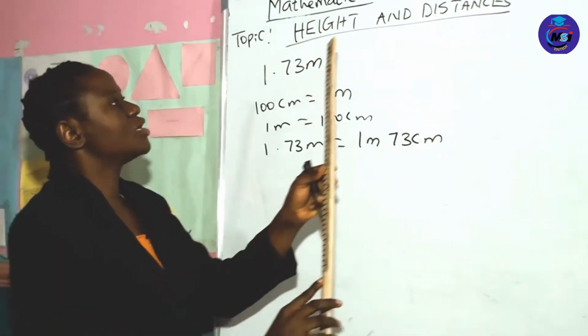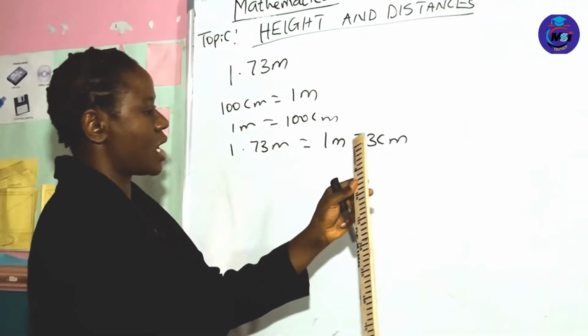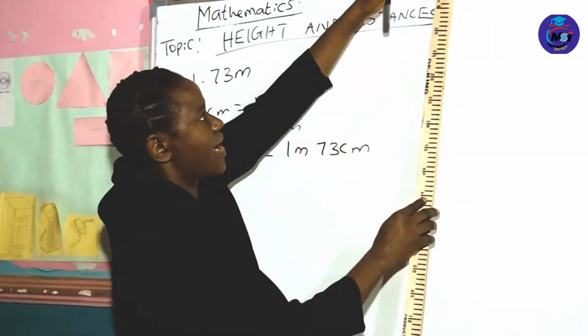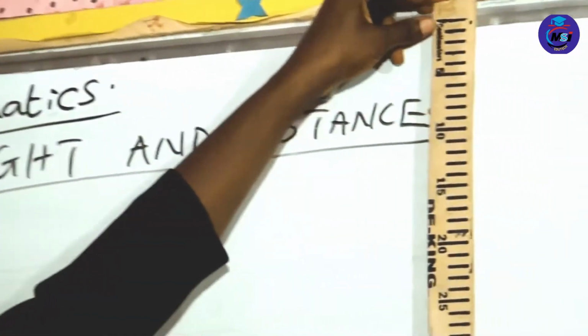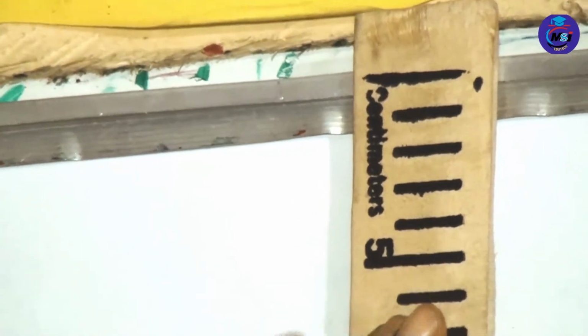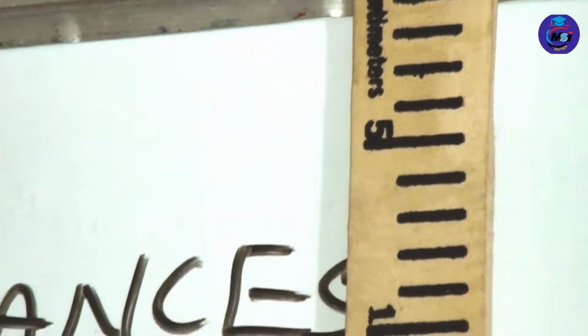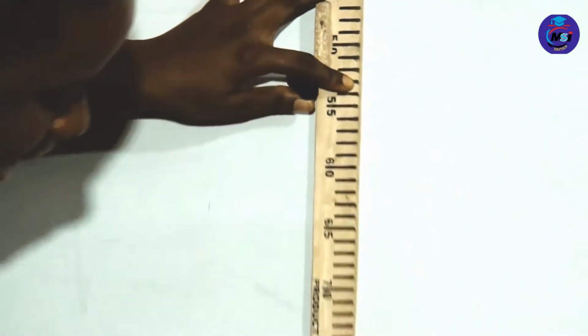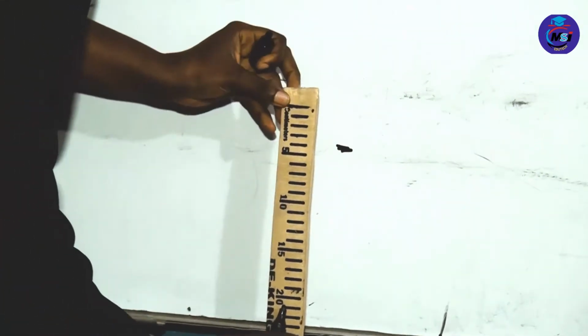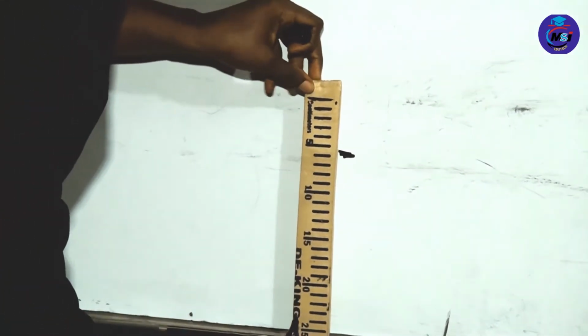What you need to do is get the 0 point. This is the 0 point here. This is 100. I still have some distance left, so I measure what is left.